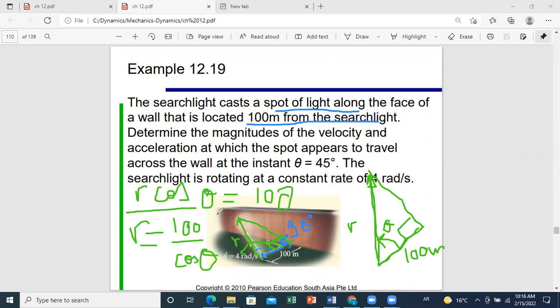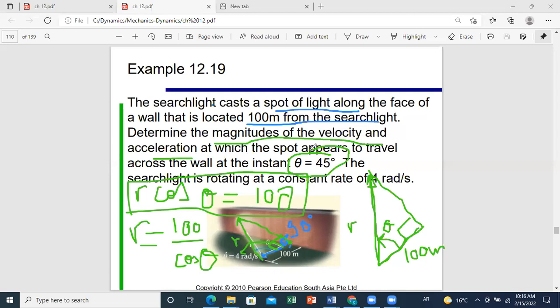Always derive the simplest form. It will give you the same result in an easier way. What are the derivatives that I should do? I want to determine the magnitudes of velocity and acceleration for a specific angle, theta equals 45 degrees.